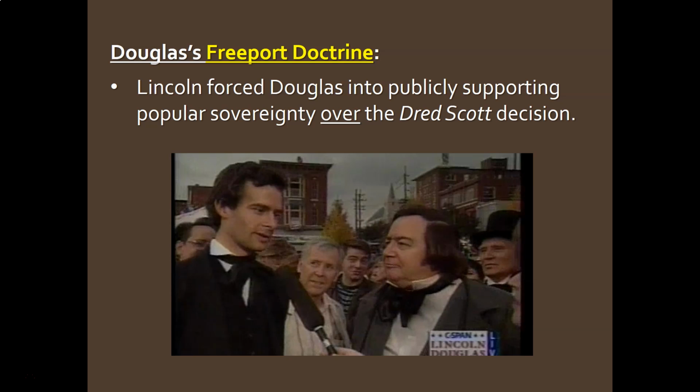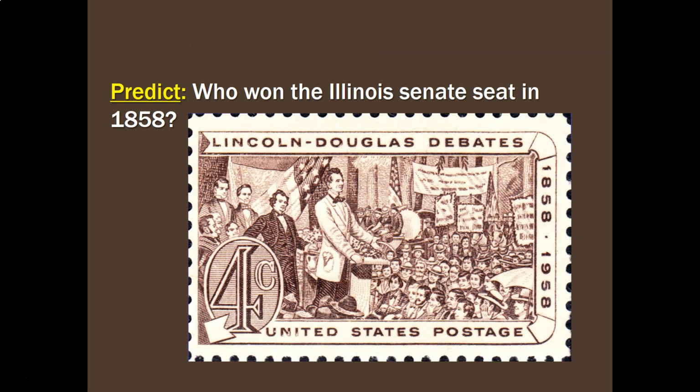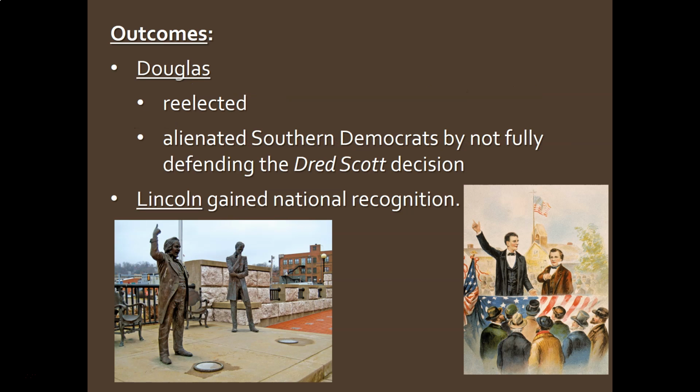Now, this is something that's going to cause a lot of Southerners who are observing this to be furious with Douglas, and they're not going to even consider voting for him when it comes to the 1860 presidential election. Now, in terms of who wins the election for the Illinois Senate seat, of course, that is Stephen Douglas, not Lincoln. Lincoln doesn't win this, guys.